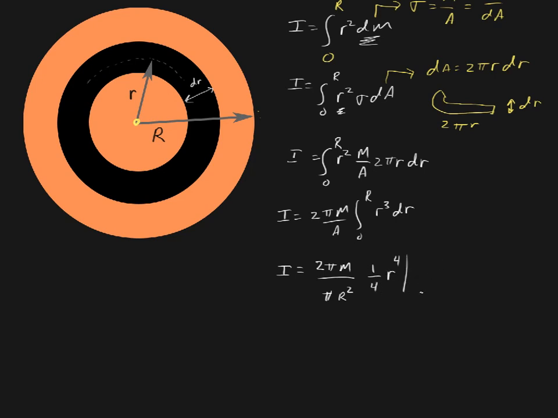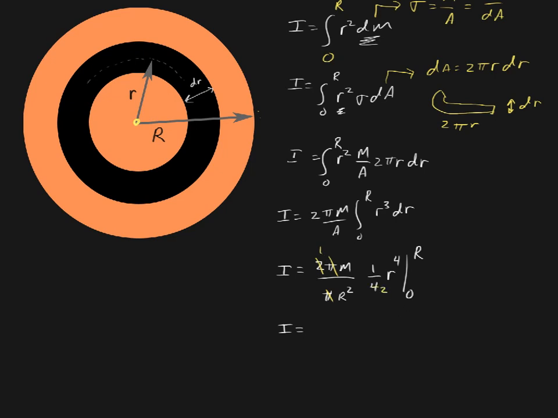And then we evaluate this from 0 to capital R. Okay, so let's do a little more simplifying. We can cancel out pi, and I guess we could see that this 2 and this 4 reduce down to 1/2.